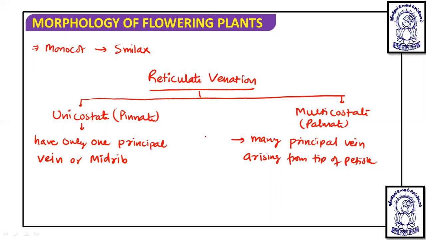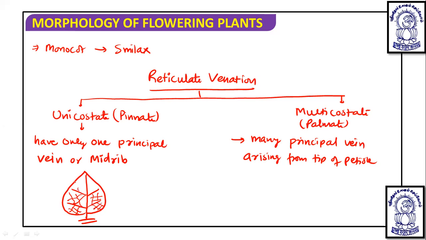Now, if we discuss some more in detail, in unicostate you will see one principal midrib vein like this, and the others are veins, and these veins form a network like this.